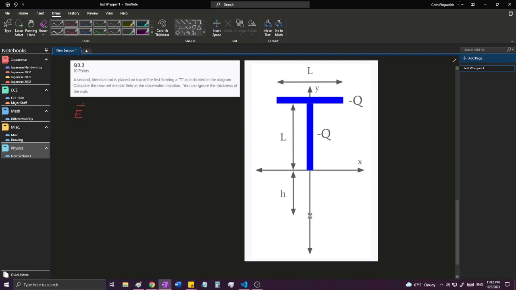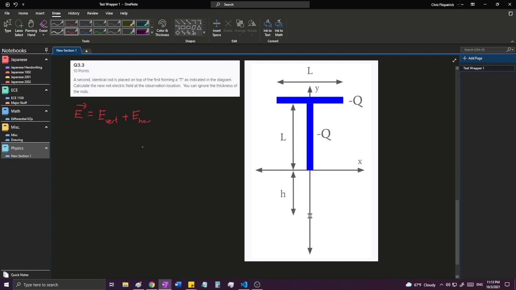the net electric field formula, you've got E, I'll just call them E vert plus E hor for vertical and horizontal.